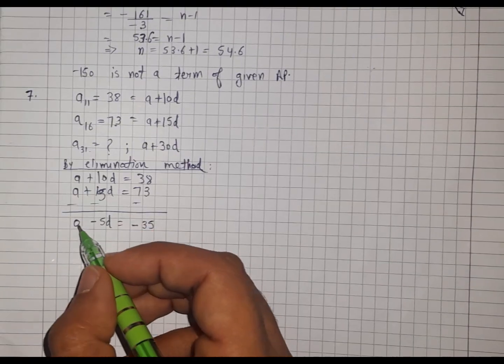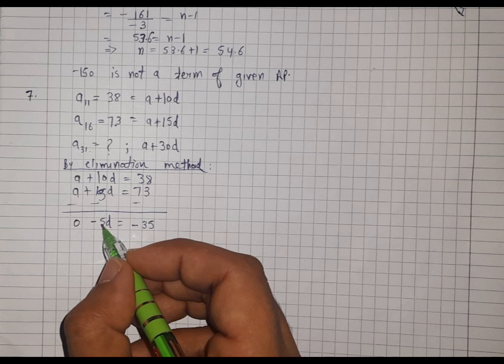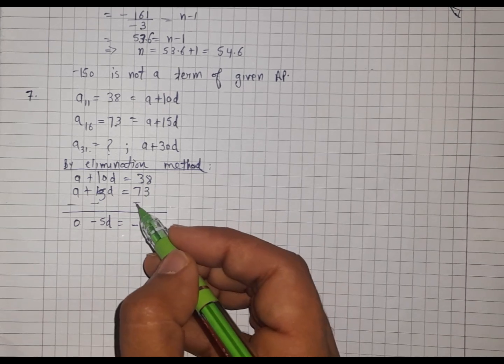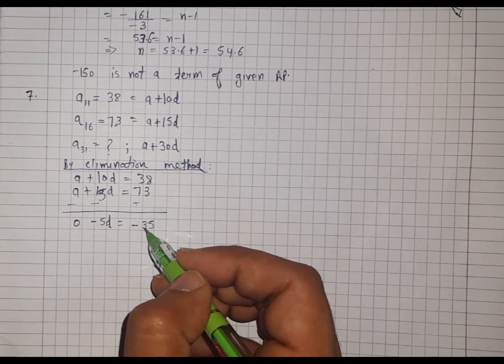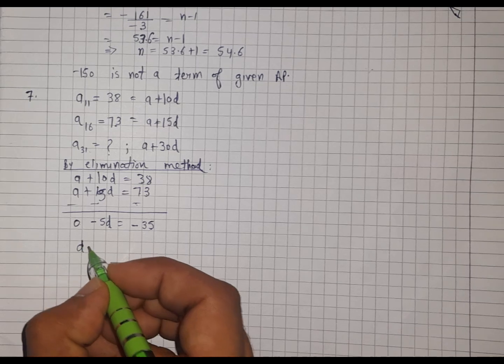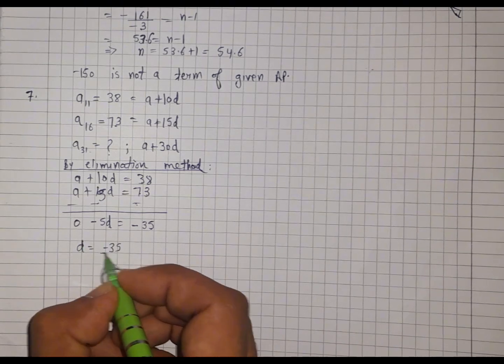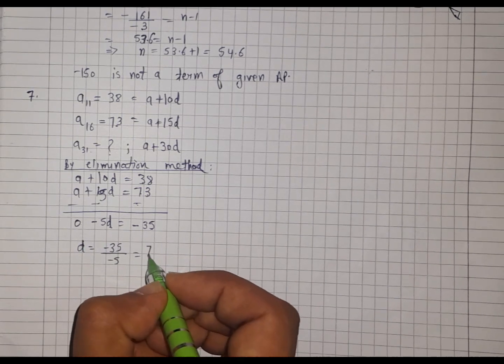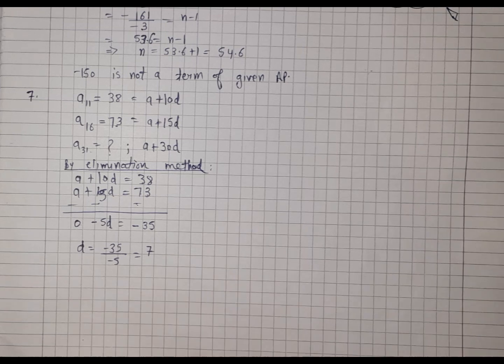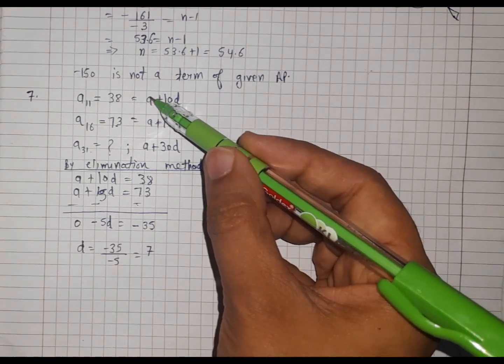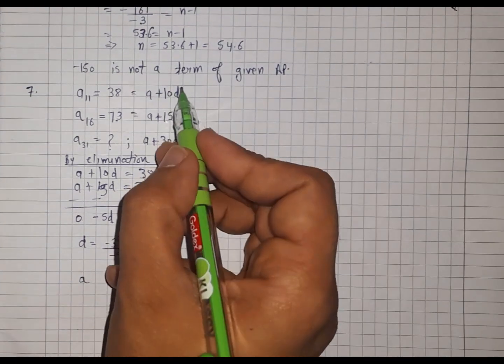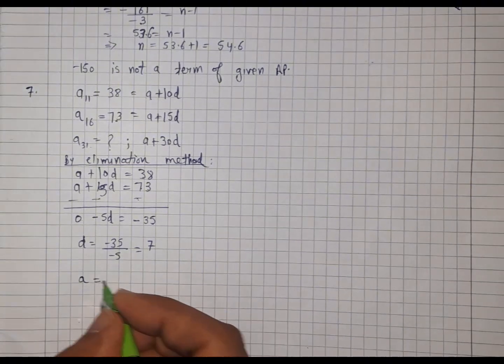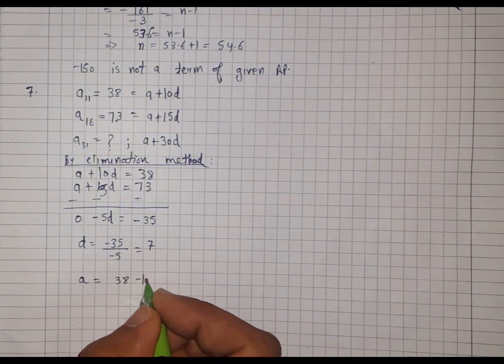Subtracting, a minus a equals 0, 10d minus 15d equals minus 5d, and 38 minus 73 equals minus 35. So d equals minus 35 upon minus 5, that is 7.